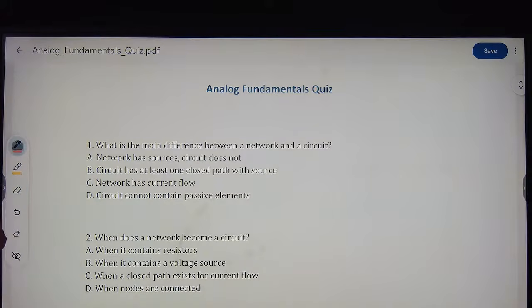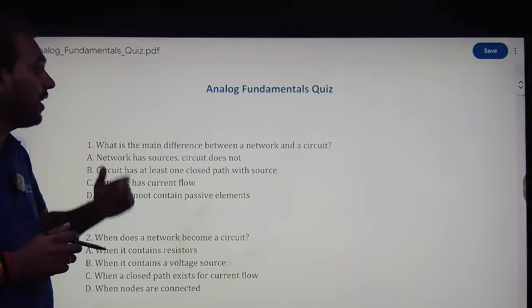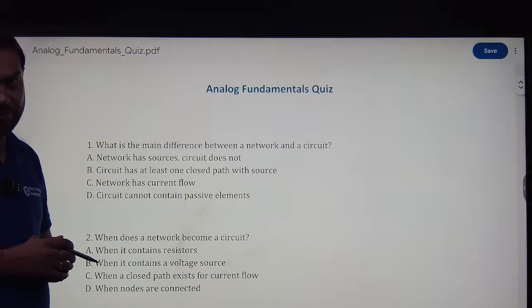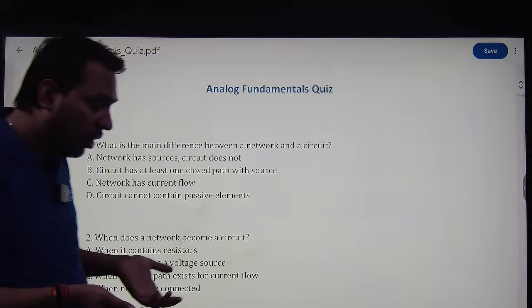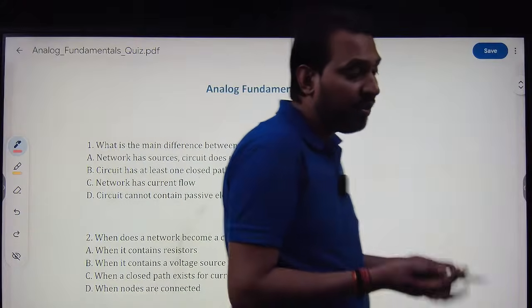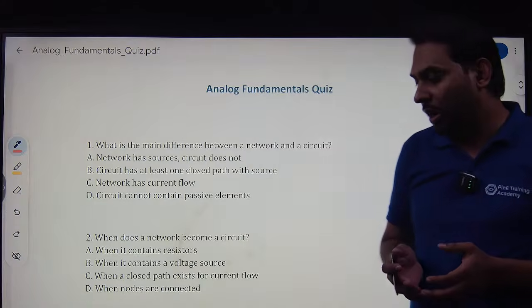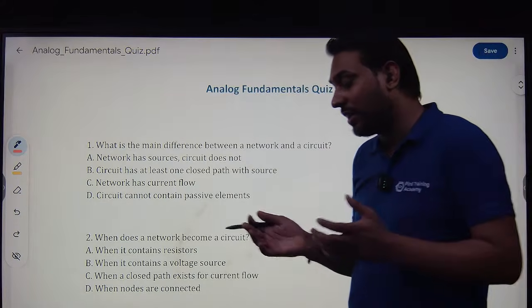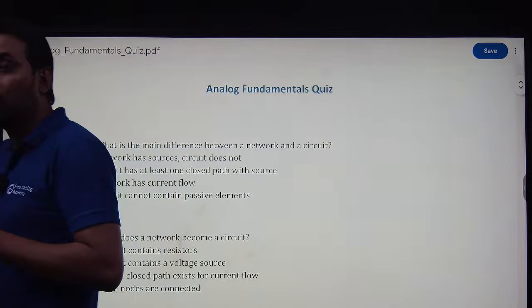That was your quiz. The first question is: what is the main difference between a network and a circuit? As we discussed, the network can be closed or open, with or without a voltage source. A network can be any circuit, but a circuit must have a voltage source or current source and a closed path.